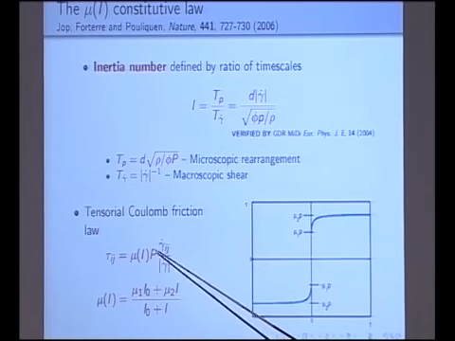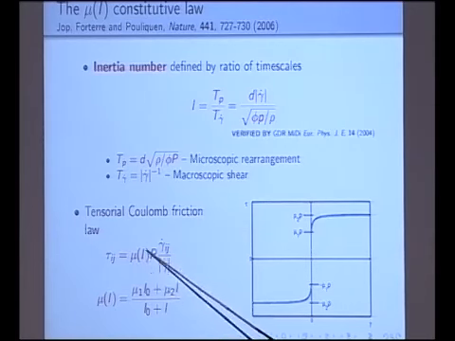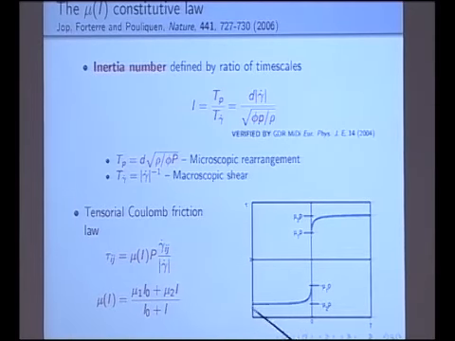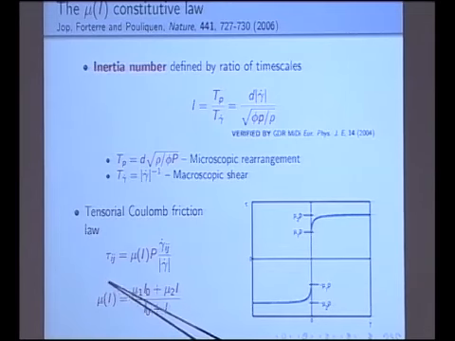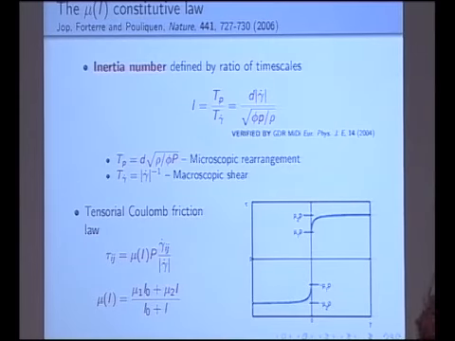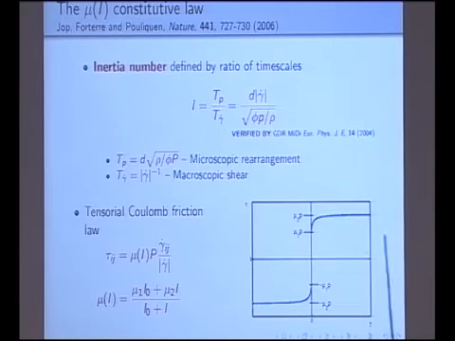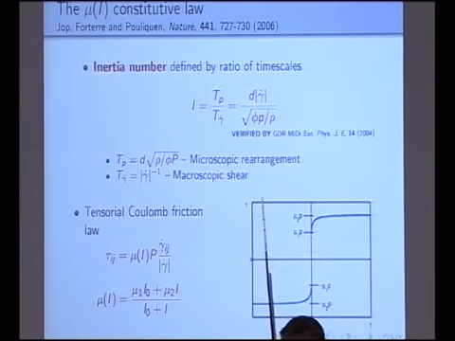And the important thing is Olivier's contribution was to propose this tensorial constitutive law, which says that your shear stress is linearly related to your pressure, your normal stress, and the constant of proportionality here is just this friction coefficient mu of I, which has this sort of form down here. There are three fit parameters here, mu1, mu2, and I0, which you can get from very simple experiments.